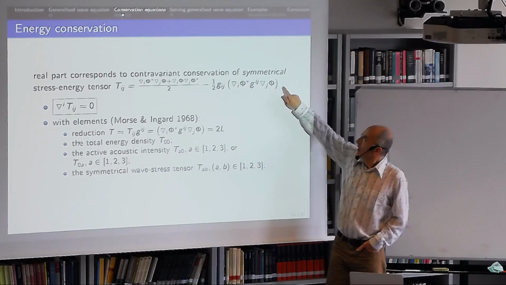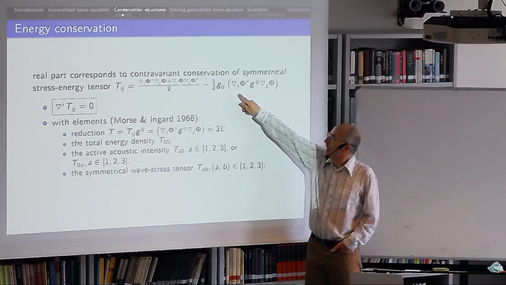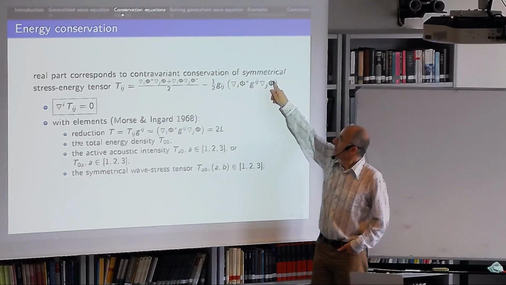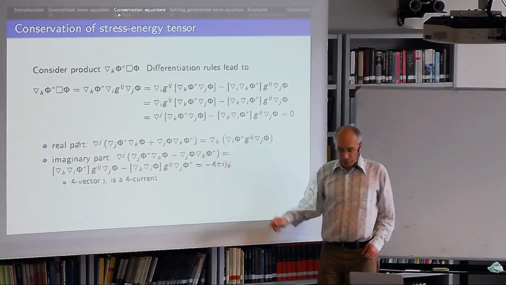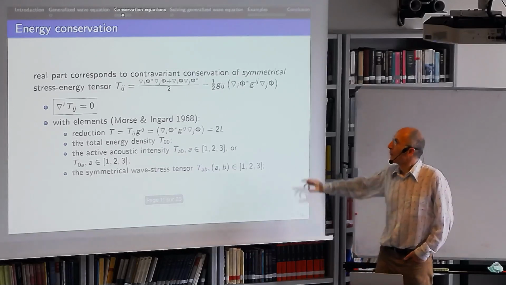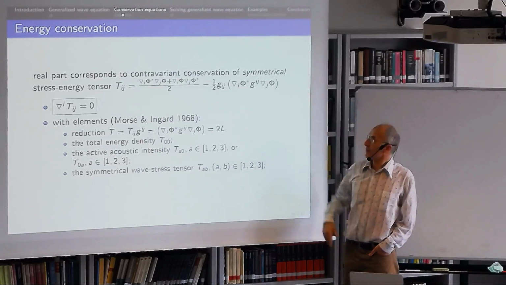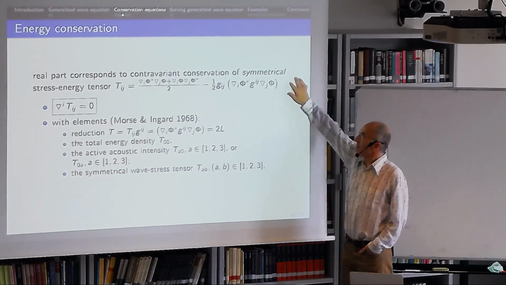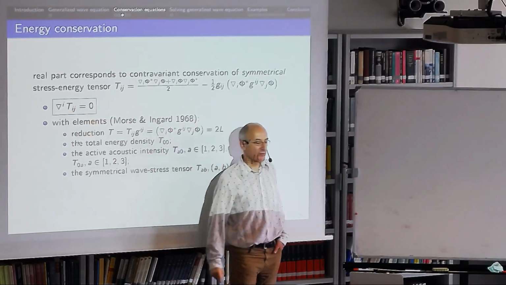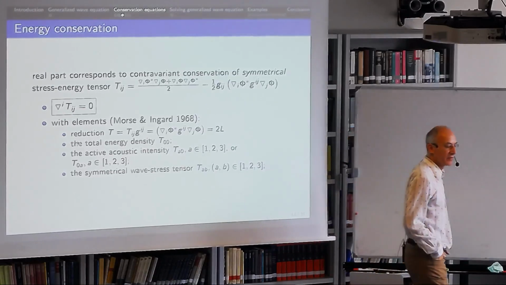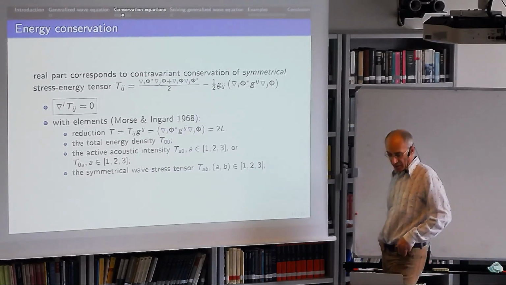And then by applying what we did to the second term, the term we had here, we get what is known in the literature as the stress energy tensor. So the idea is just to get that the contravariant derivative of the stress energy tensor is equal to 0.